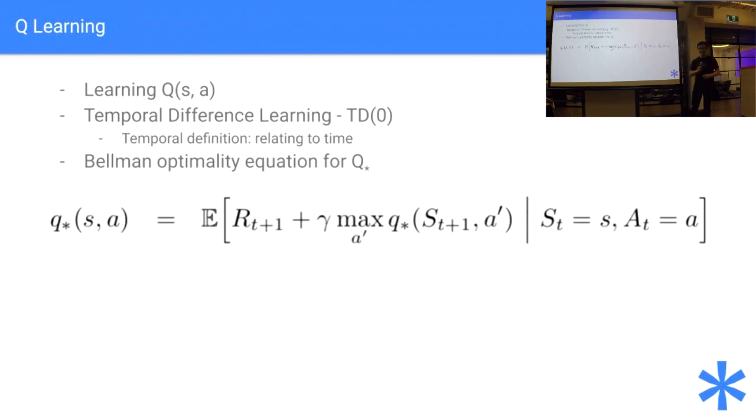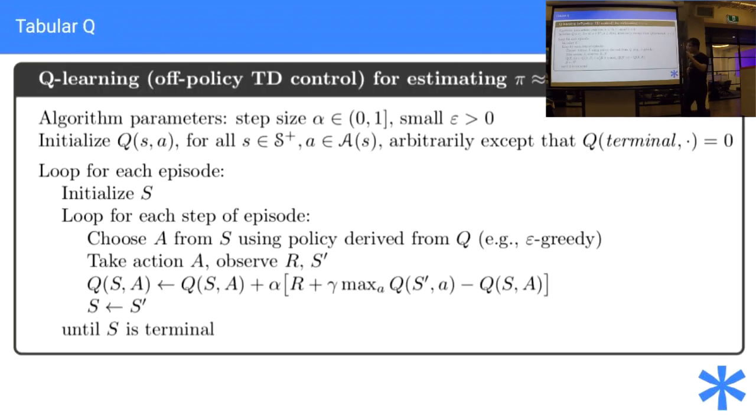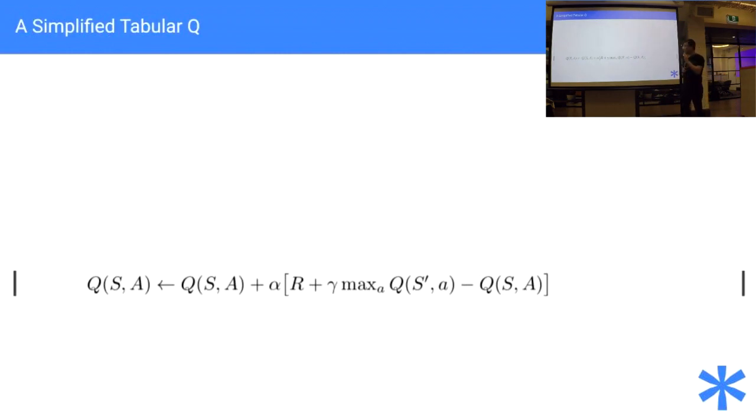So let's look at Q learning. This is the full algorithm. It's a little bit complicated and dense to start off, so let's narrow it down to one update. And still, that looks a little bit complicated, right? To illustrate how it works, I'm going to simplify it a little bit more.